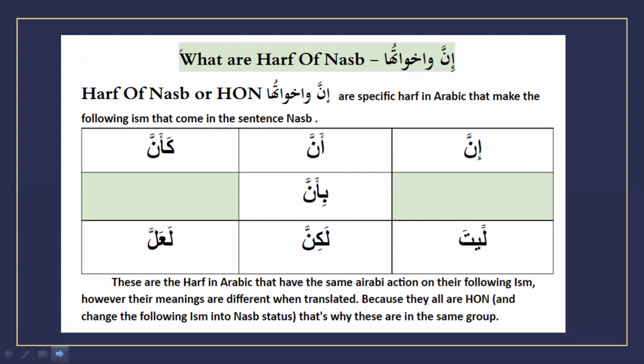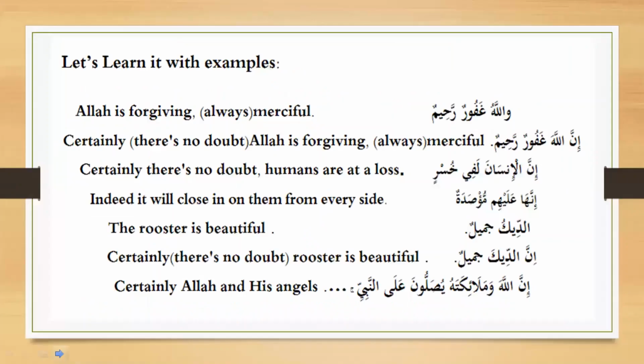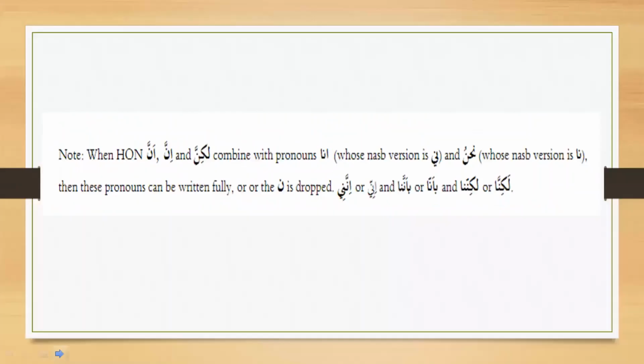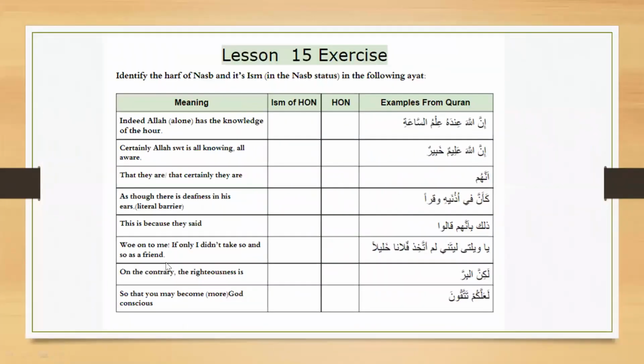The sentence that starts with inna is a jumla ismiya, and the ism that follows inna, which is nasb in status, is the ism of inna. And there can be a long distance relationship between inna and its ism.